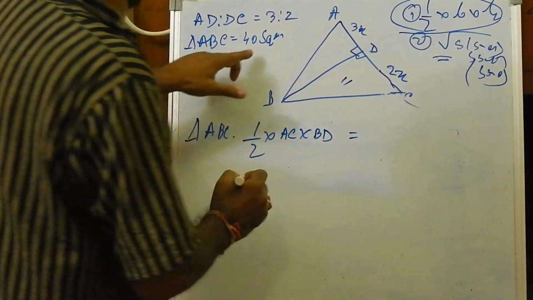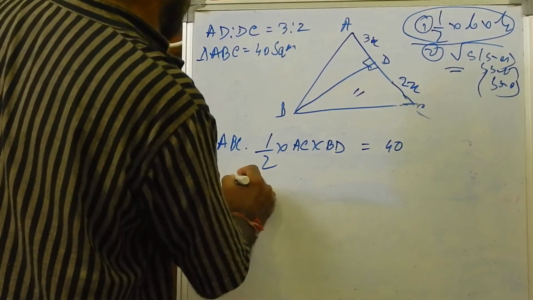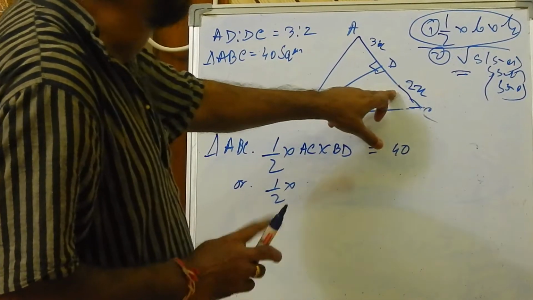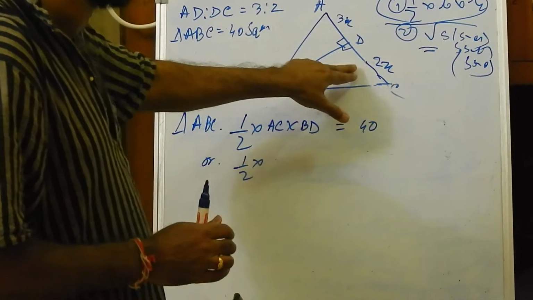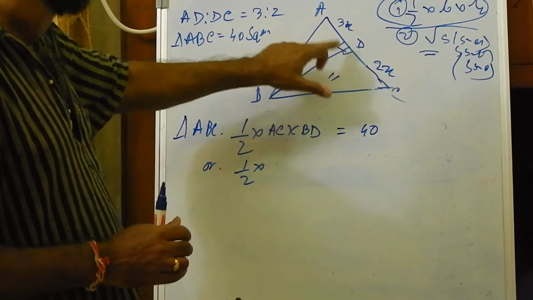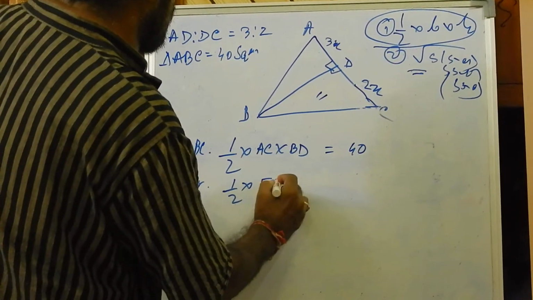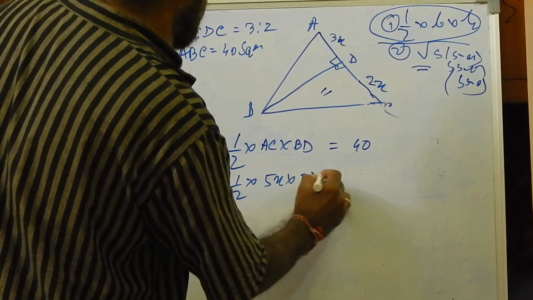equal to, it is already given 40. So half into AC is indirectly known to us, 3x plus 2x. AD is 3x, DC is 2x. So AC is 5x into BD, which is unknown to us. The area equals 40.